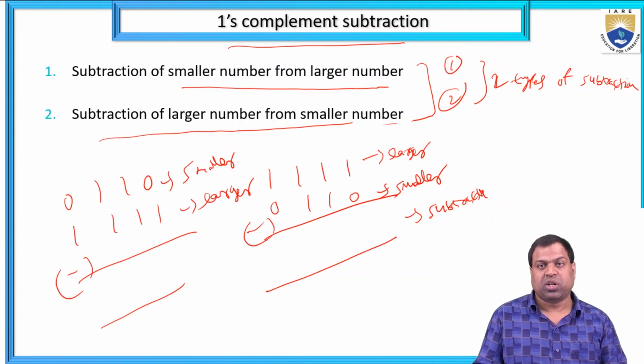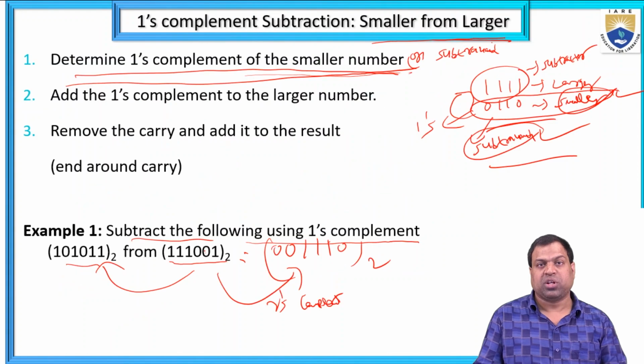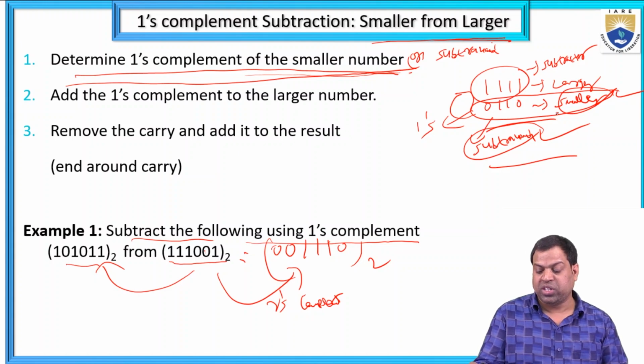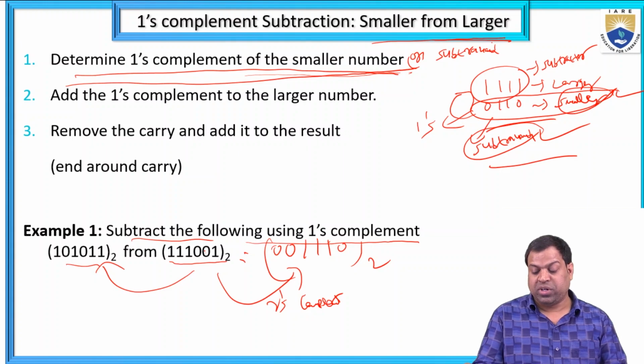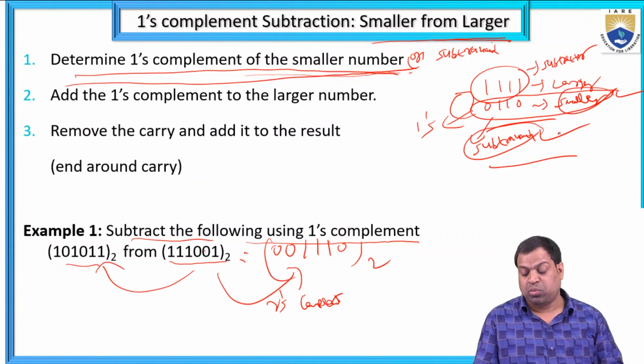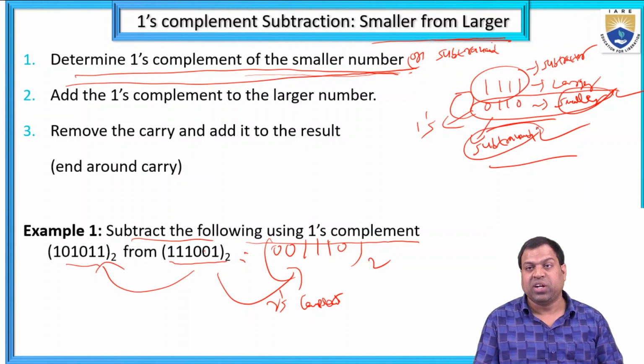Ones complement types: subtraction of a smaller number from a larger number, and subtraction of a larger number from a smaller number. If you are going for smaller from larger, that means larger minus smaller. What is the process? Apply the ones complement to the smaller number, then add this value to the subtractor. If any carry appears, we add it to the LSB.